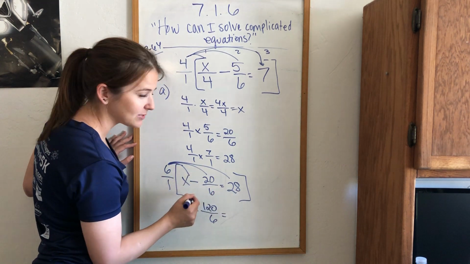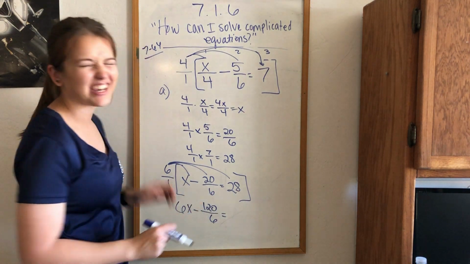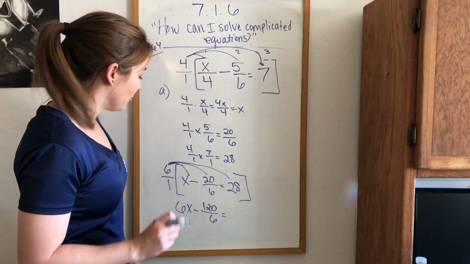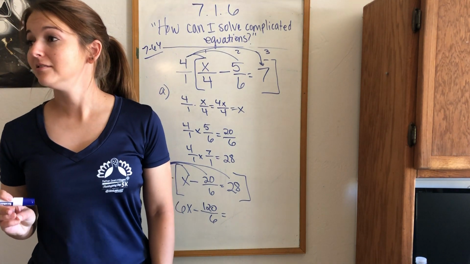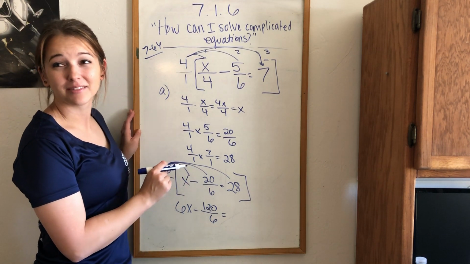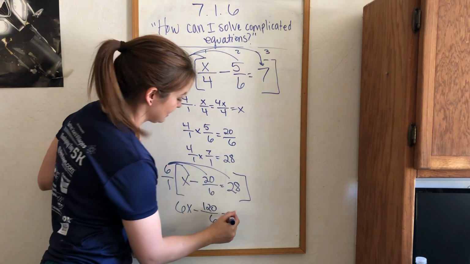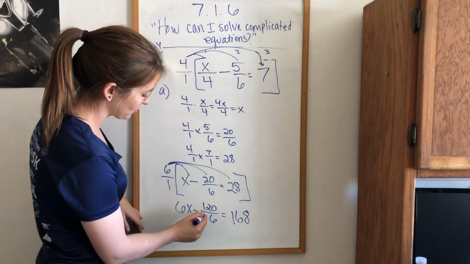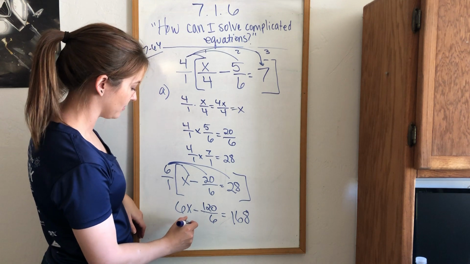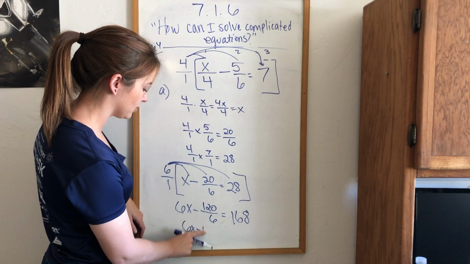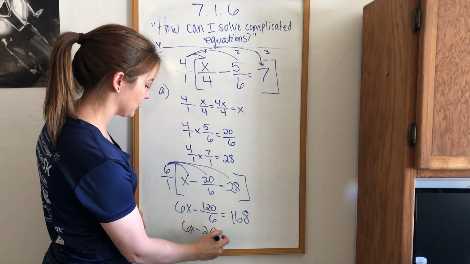And then 28 times 6, I think it's 168. Wait, no, 28 times 6. 168. Am I right? Yes, 168. Got it. So now this 120 divided by 6 will become 20. Equals 168.